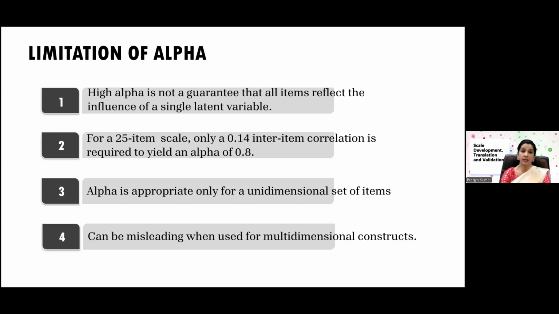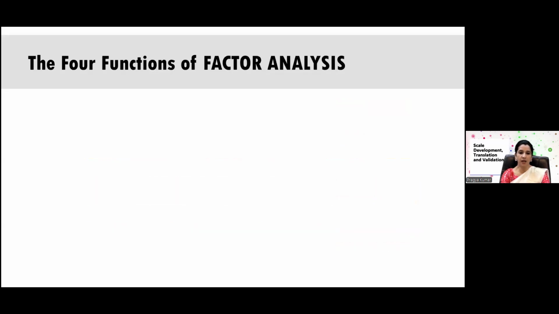Whereas the inter-item correlation we have generally fixed should not be less than 0.3. Even 0.14 is a very low correlation, but if you increase the number of items, even with 0.14 correlation, it yields a 0.8 Cronbach alpha. So alpha is appropriate only for a unidimensional set of items, and it can be misleading when we use a multidimensional construct. So these are some limitations of alpha.